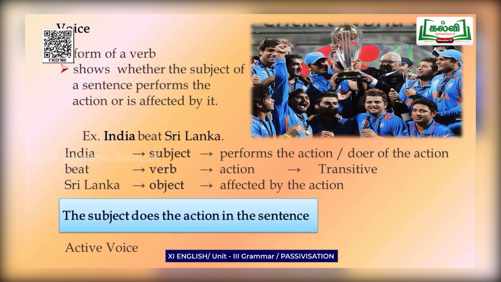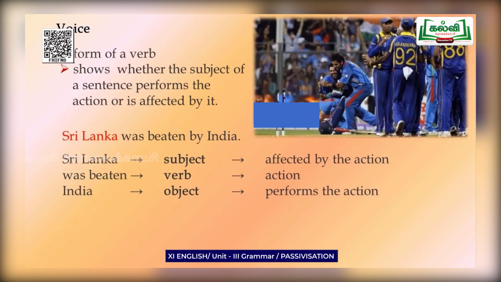If the subject does the action in the sentence, it is called active voice. Active in the active voice refers to the active subject in the sentence. Look at the same sentence in a different view. Sri Lanka was beaten by India. There are subject, verb, object in the sentence.